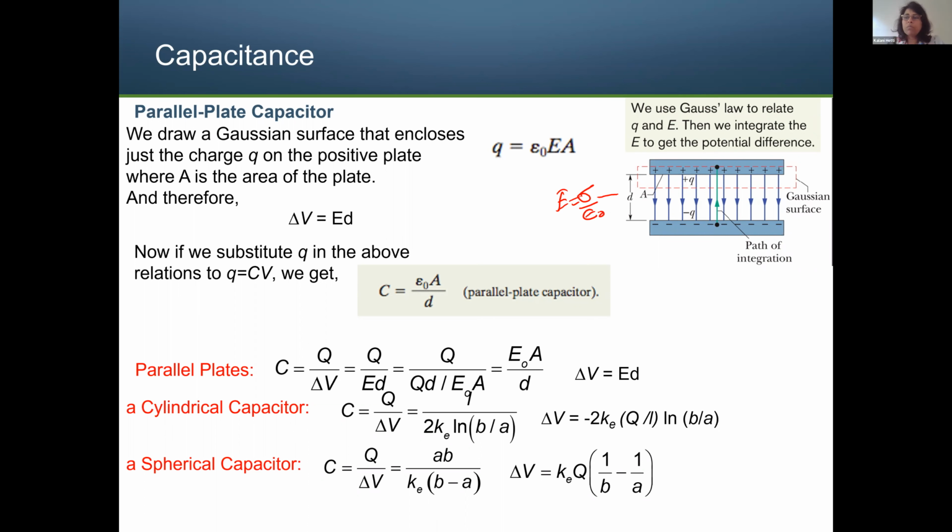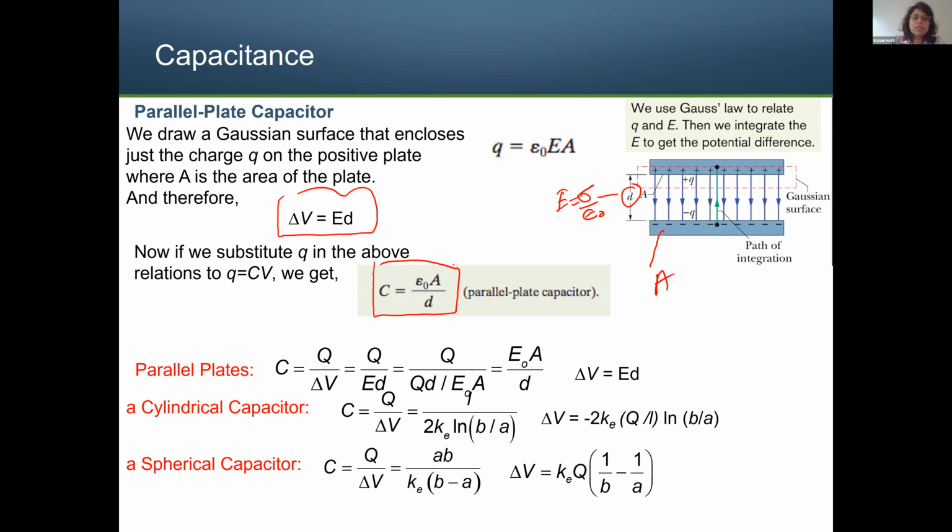By using this information and the voltage information relating to the electric field, you can easily derive this equation. Okay, so this is the manufactured C value that depends on epsilon naught, that means the material that you're going to use in between these two plates, and A is the cross-sectional area of those plates, and d is the distance between these two plates.